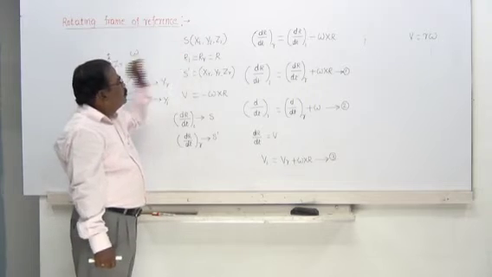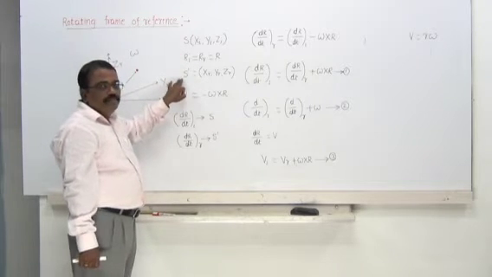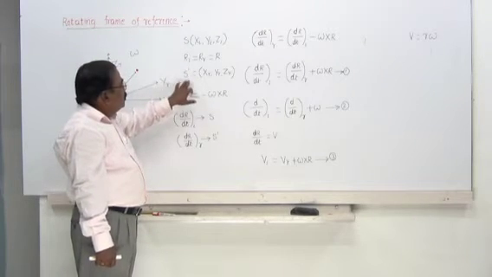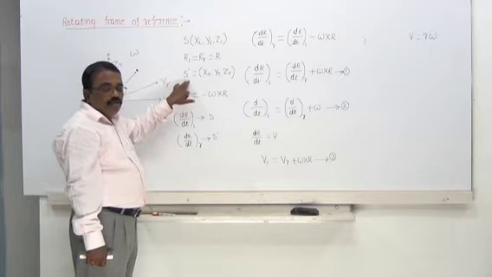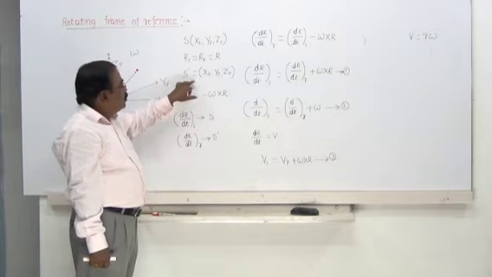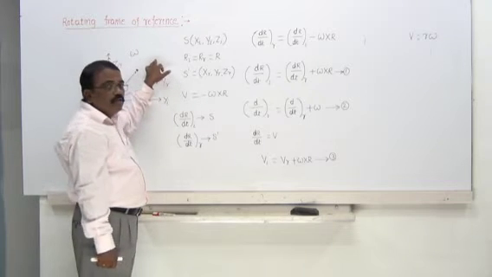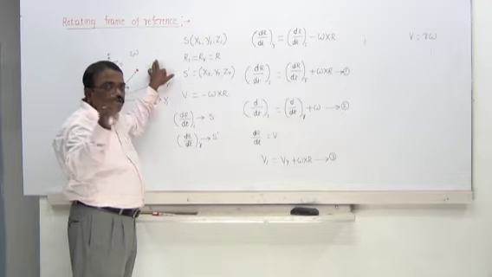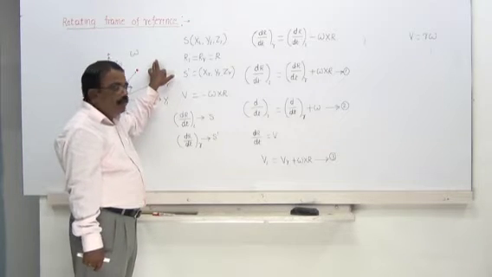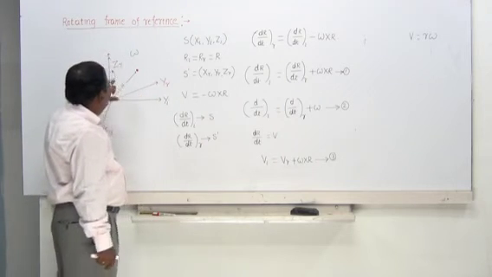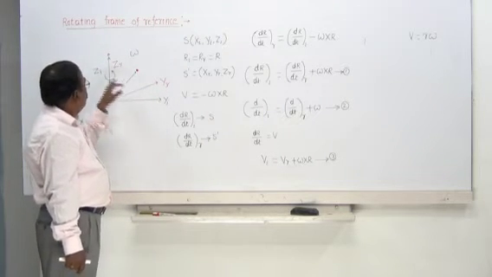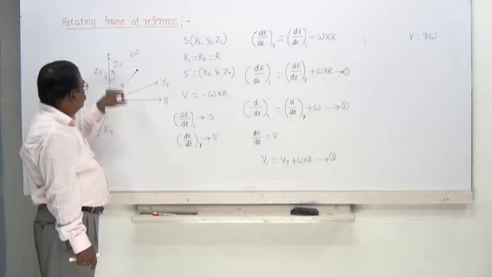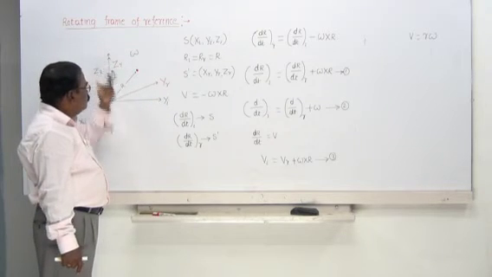See, we have considered the two frames of reference, S and S dash. S is an inertial frame of reference. S dash is a non-inertial frame of reference, because it is rotating with a constant angular velocity. We know that if any frame of reference is rotating, it is a non-inertial frame of reference, and their axes are represented by xi, yi, zi for S, and xr, yr, zr for S dash.